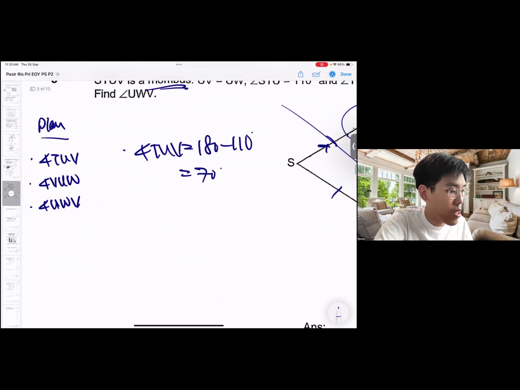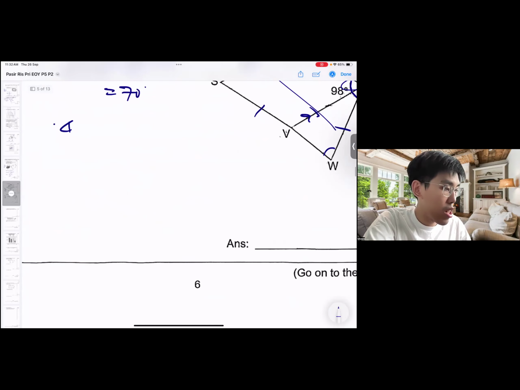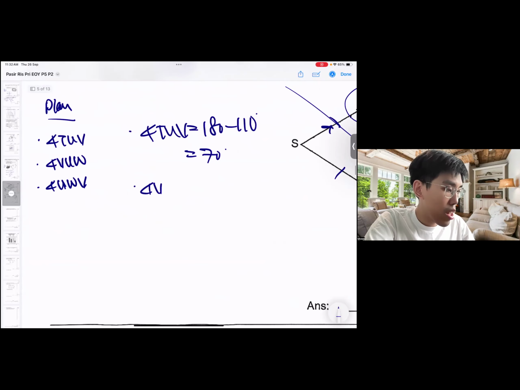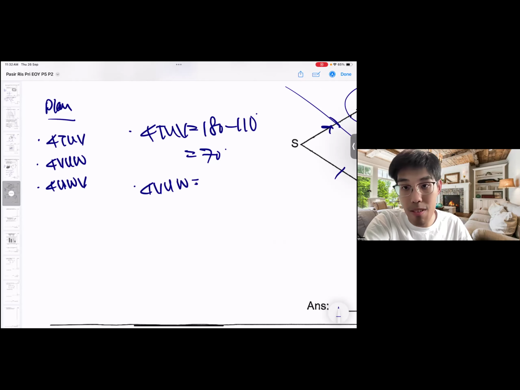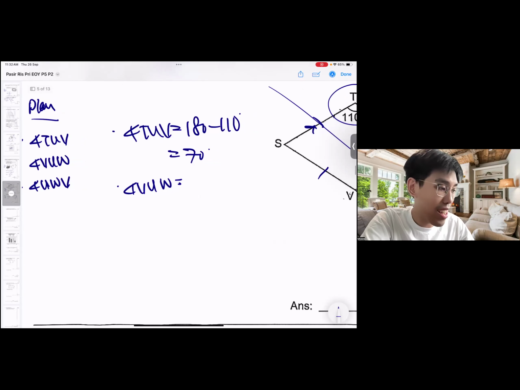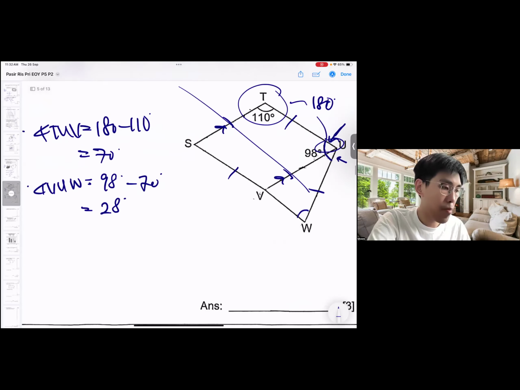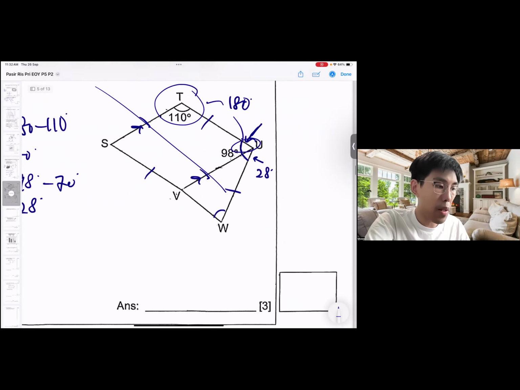So at the same time, we continue to find angle UVUW. You see, notice I'm just copying from the plan itself. So when we have a plan, it's easier. Okay, it will be 98 minus 70. That will be 28 degrees. So that means this little part is 28.